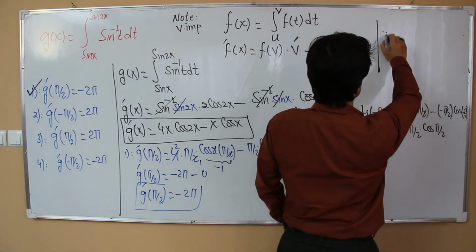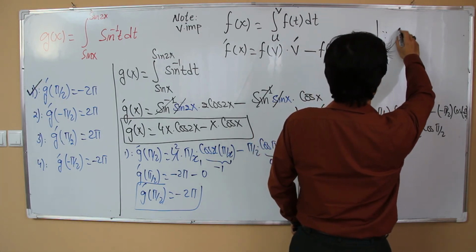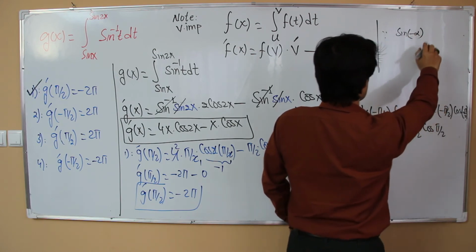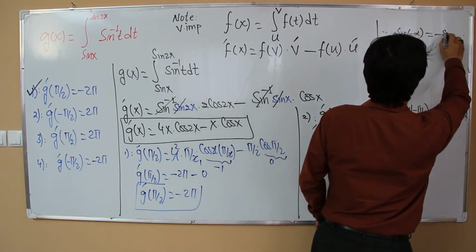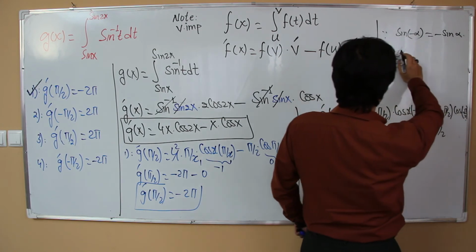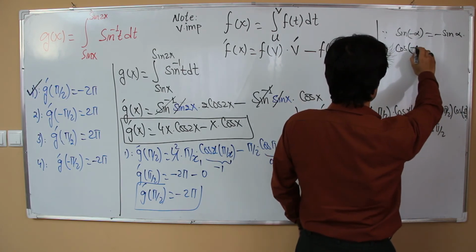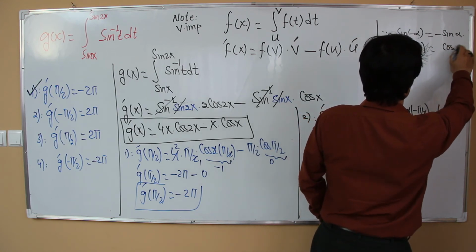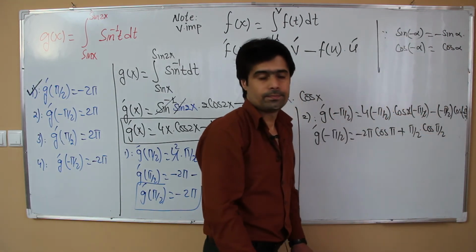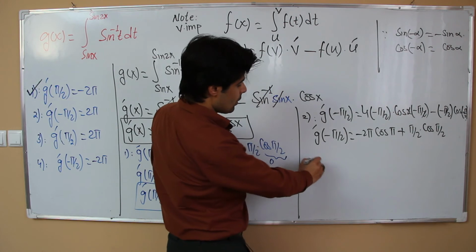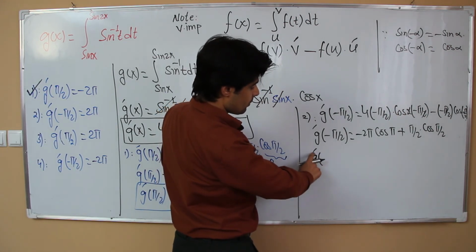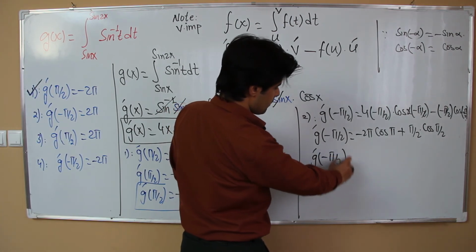What is the sine of minus alpha? It is minus sine alpha. What is cosine of minus alpha? It is cosine alpha, plus cosine alpha. Am I right? Yes. Now we have g prime of minus pi divided by 2.